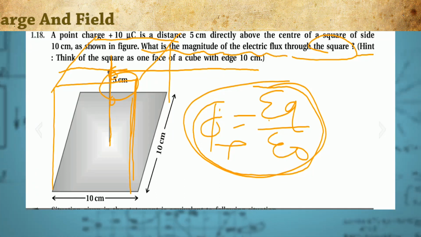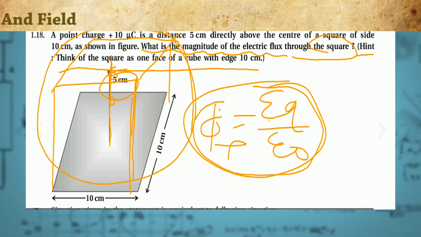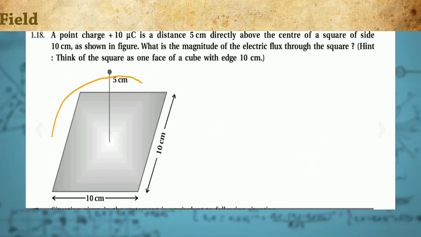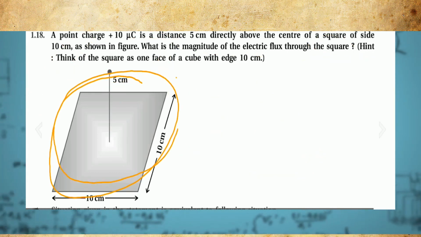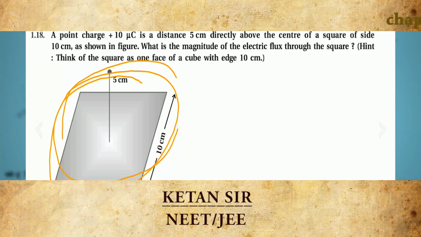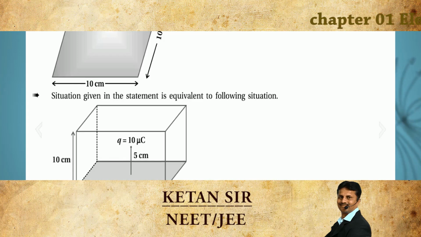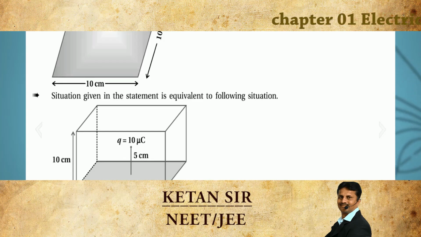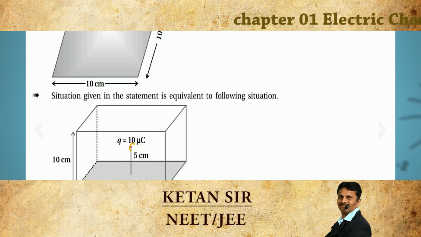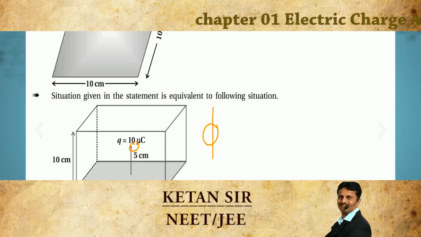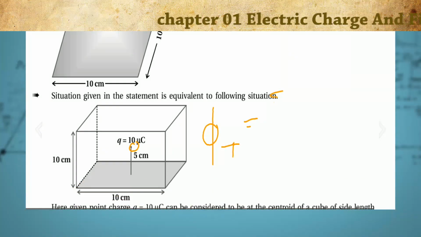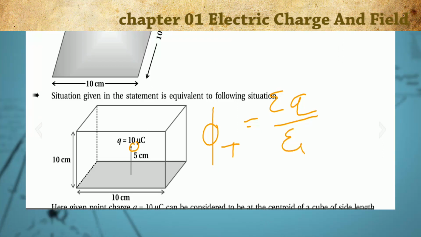This answer is related with the whole cube, and we want to find flux related with this square only. In the examination, draw the diagram: the square, your charge at the center, then flux total of the cube is equal to sigma q by epsilon 0.